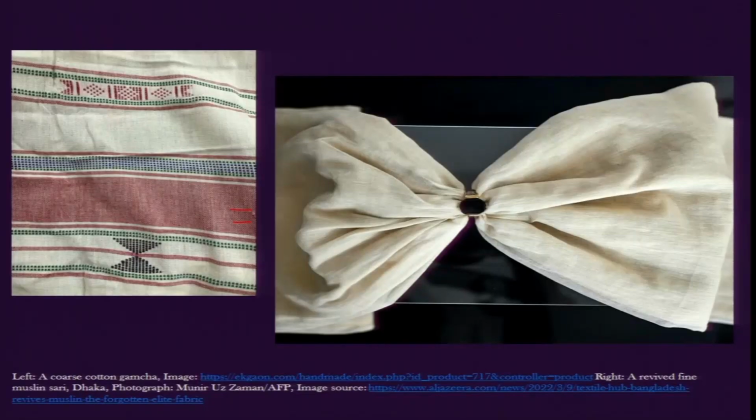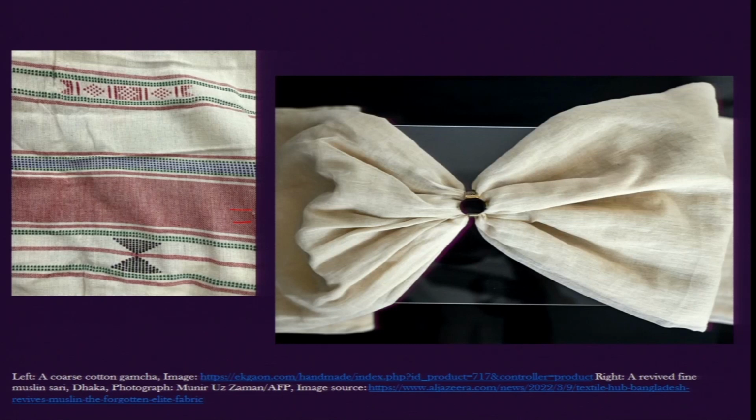Now on the right side of the screen we have a muslin cloth woven recently in Bangladesh, and the thread count here goes up to 350 or so. One of the characteristics of this muslin cloth, which has been there for centuries, is that an entire fabric, when folded, can be passed through a ring. We find that in the image as well, how this fabric can be folded, and once it is twisted, it can pass through a ring.